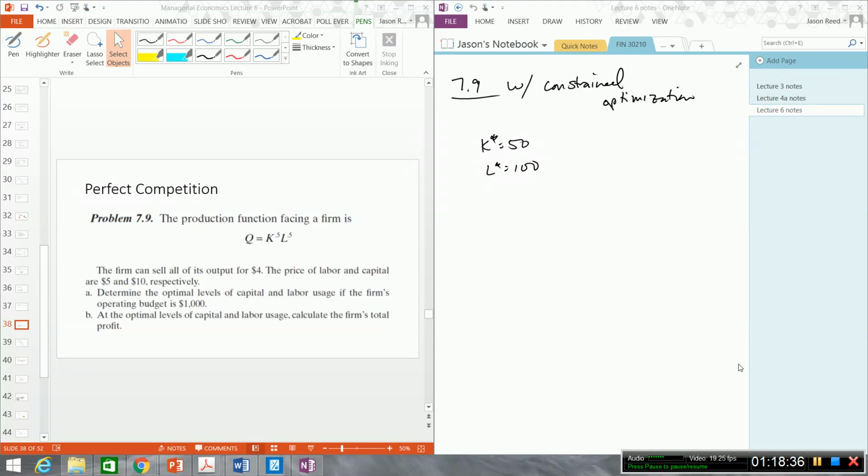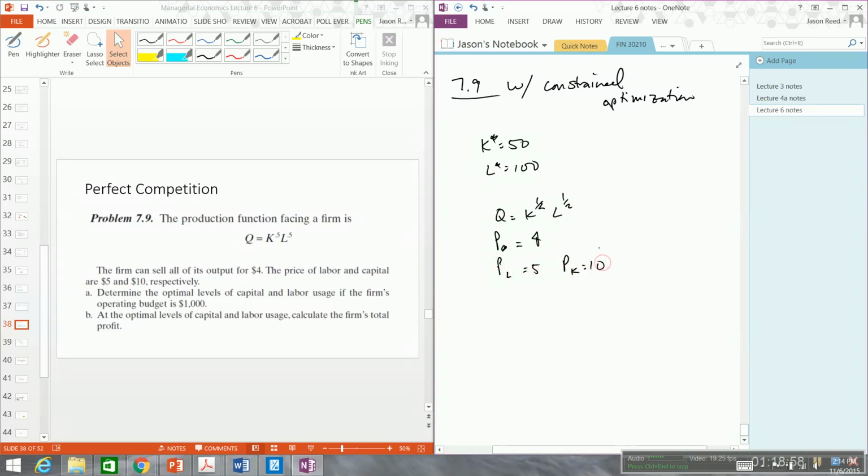We go back to problem 7.9, and the production function facing the firm is Q equal to K to the 1/2, L to the 1/2. We know that the price they're selling the output at is 4. The price of labor is equal to 5, and the price of capital is equal to 10. So can we solve 7.9 with constrained maximization?